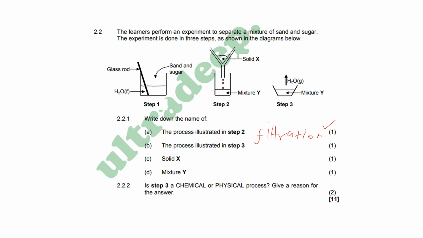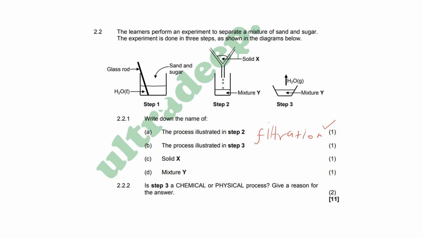B, the process illustrated in step 3. So what is this process here in step 3, where we see water sort of escaping from mixture Y as a gas? I said it's almost like heating up mixture Y on a hot plate, and the gas or the steam is escaping out.